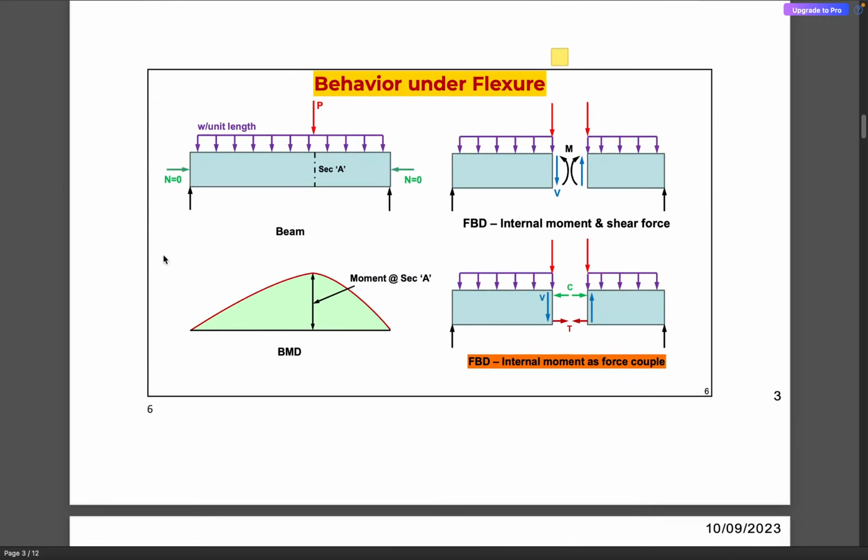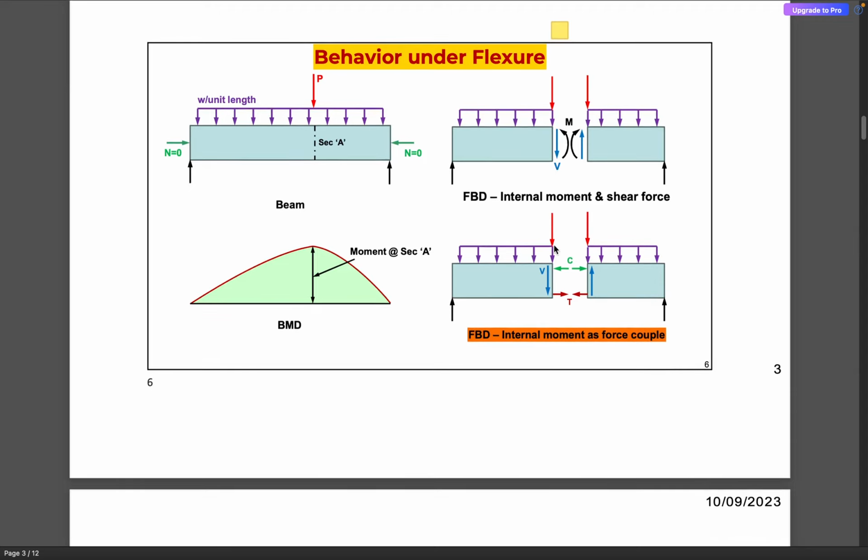Essentially, flexure is nothing but bending. If we consider a simply supported beam under a uniformly distributed load and a point load, we are going to obtain a bending moment diagram something like this. Whenever there is an external loading, it manifests in the form of internal stresses, and these internal stresses are going to be expressed in the form of resultants, that is the bending moment and the shear force.